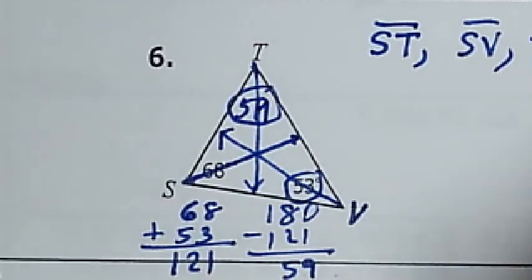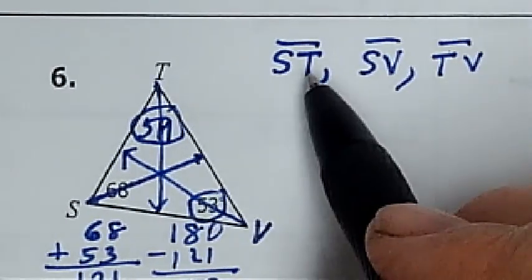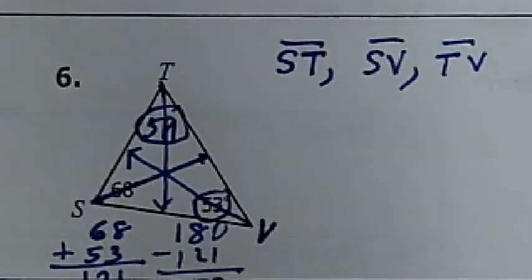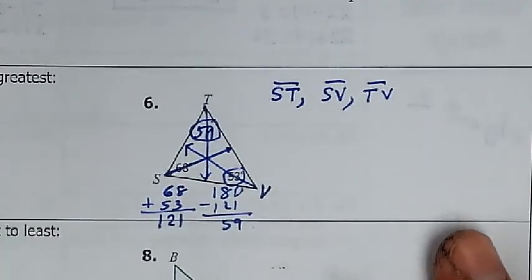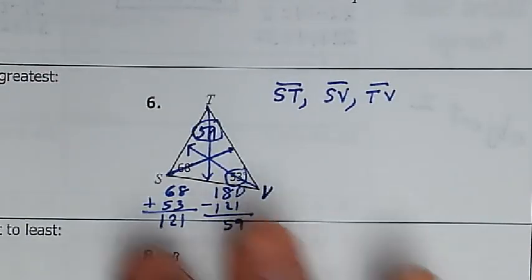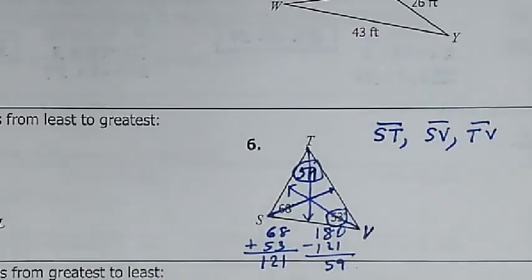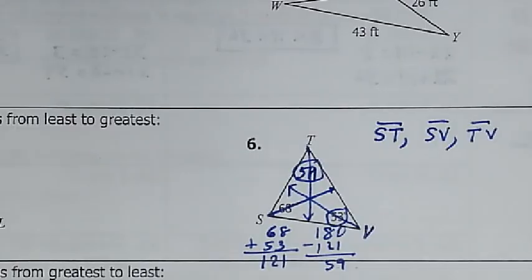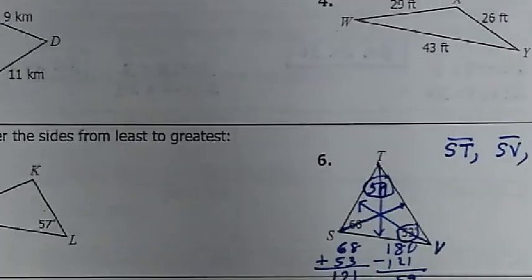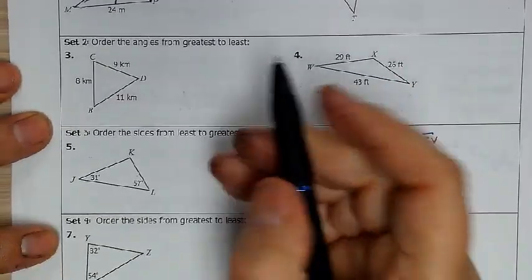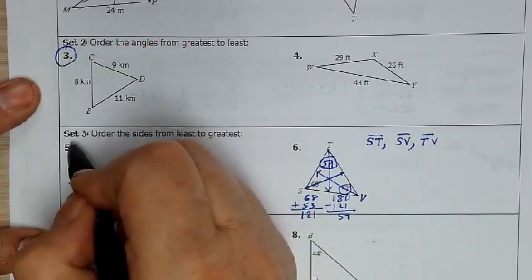Now let me tell you what your assignment's going to be on this page. Please listen very carefully. You're going to do 3 and 5 on the second page. Go back to the front page.